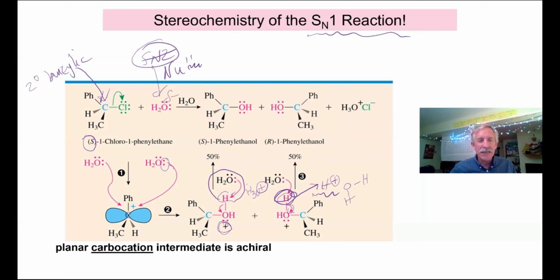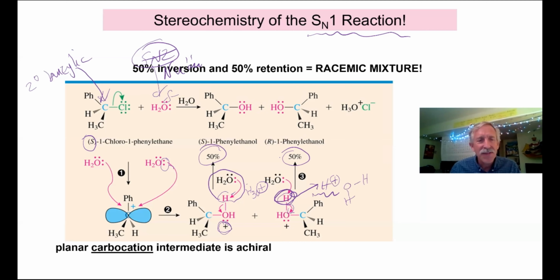And what I want you to notice here, though, is we do get stereochemistry back, but I have a 50-50 mixture of these two stereochemical isomers. And that's not really that helpful. Half of it did inversion, half of it just retained the same stereochemistry, meaning S went to S. Half of it did get inverted, like an SN2.